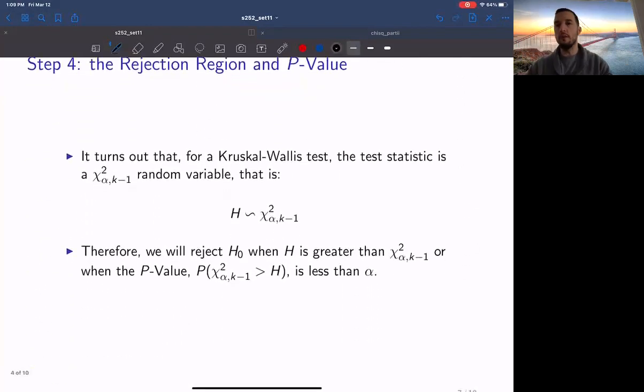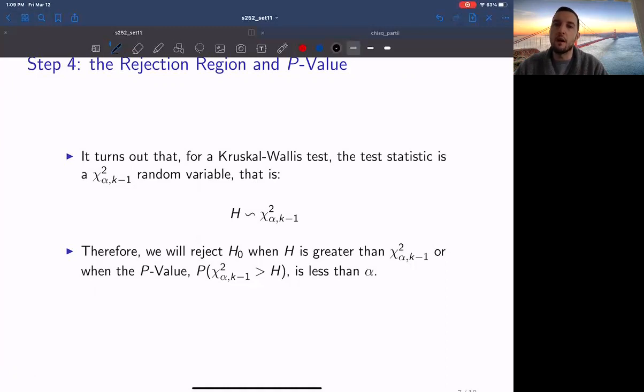All right, it turns out that our test statistic is a chi-square random variable. The chi-square distribution is again a right skewed distribution whose lowest value is 0, and its degrees of freedom, in this case, is the number of treatments minus 1. We're going to use this value the same way that we have every other value we've considered in this course.